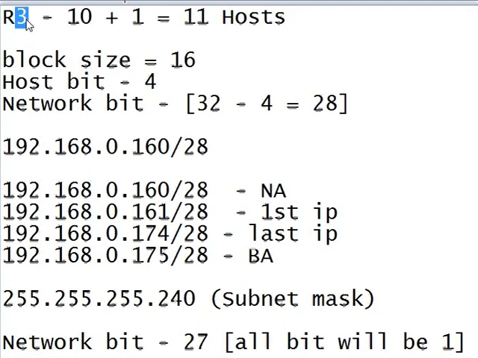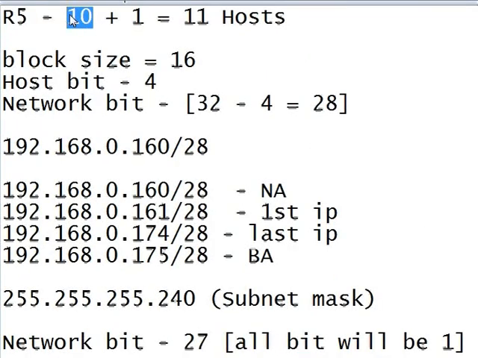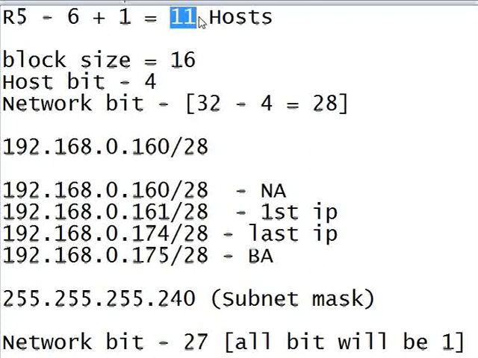Then I am going for router 5. When calculating router 5, it requires 6 PC. So 6 PC plus 1 is 7, 7 plus 2 is 9.